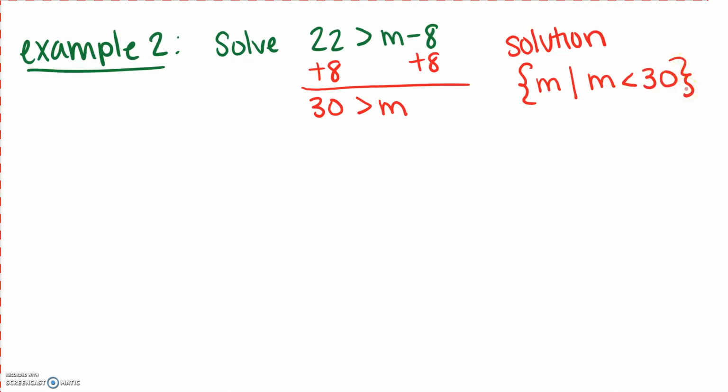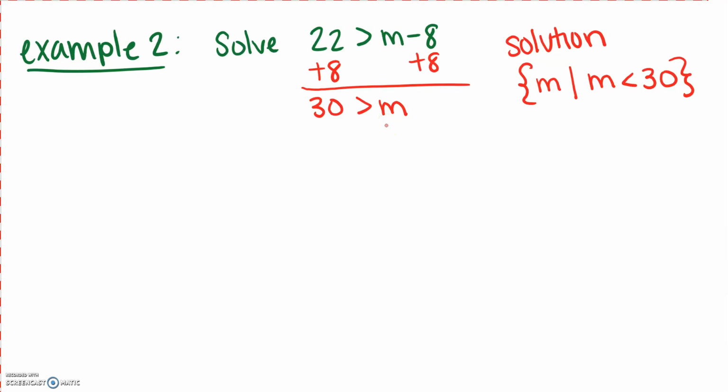Notice that right here we have 30 greater than m. If you flip that, because we need our variable to come first, you flip the sign so that m is less than 30, which is still true. Before, when we switched the x with the number, you didn't have to change the sign. But here, we do change our symbol so that it stays true.